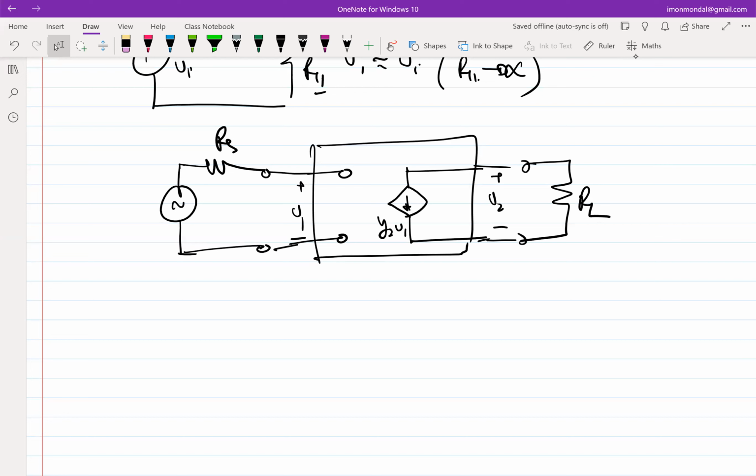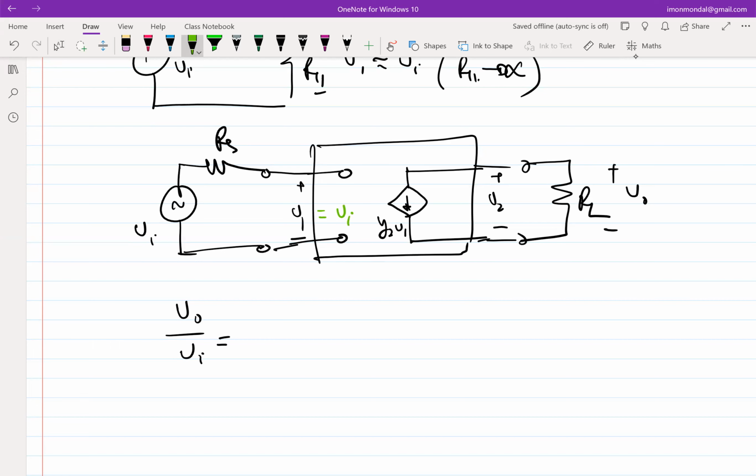Okay, so if this is the block diagram of an ideal amplifier, what will ultimately my Vo over Vi be? Now this is pretty straightforward. Tell me quickly. Look at the network and tell me. You don't have to put everything in that equation. Input V1 is equal to Vi.